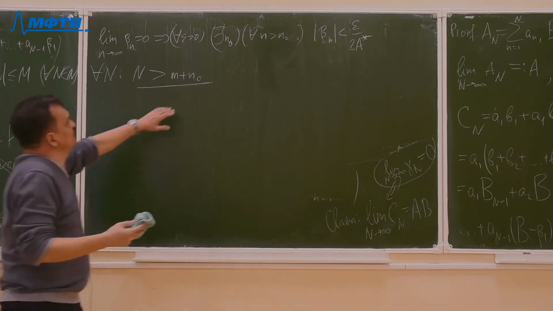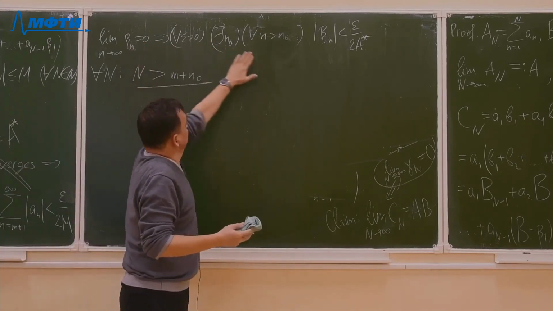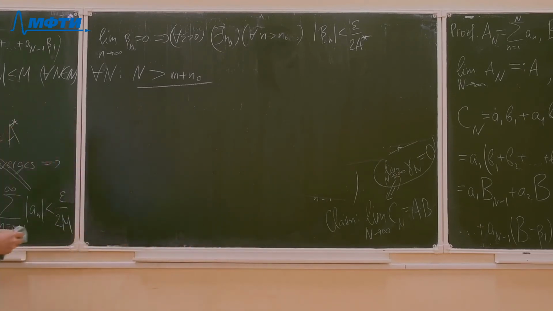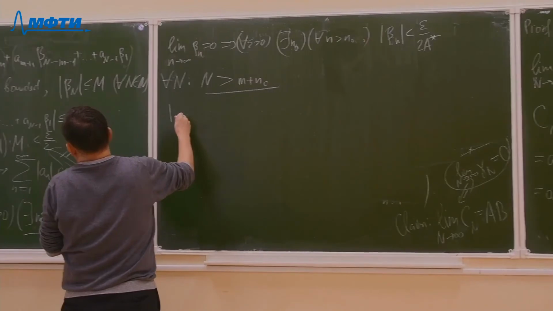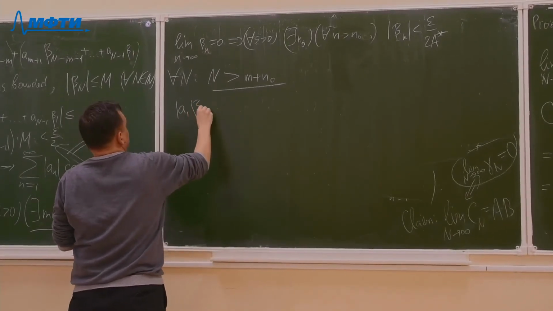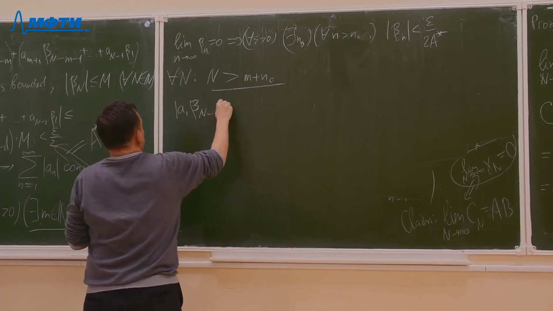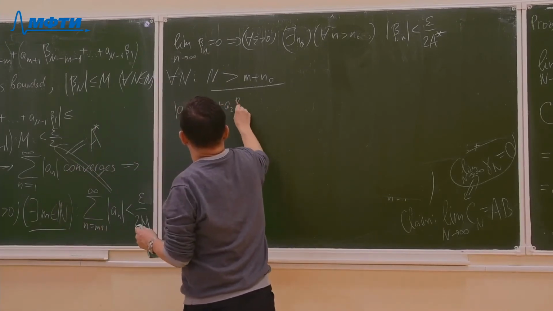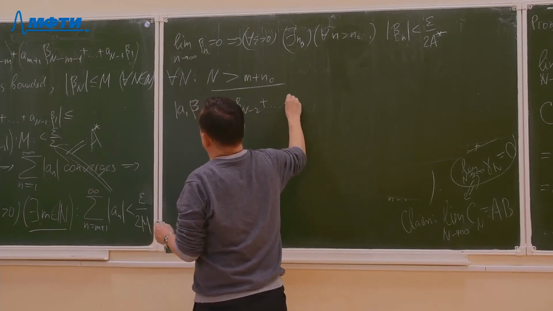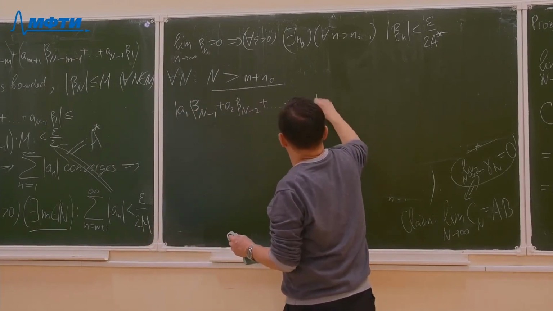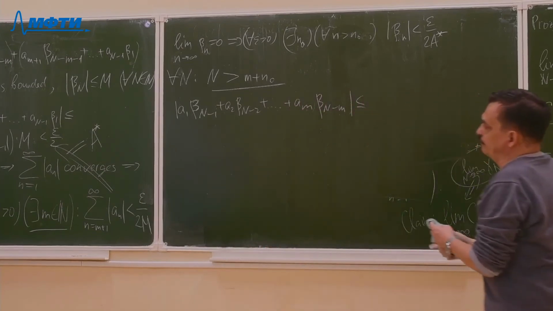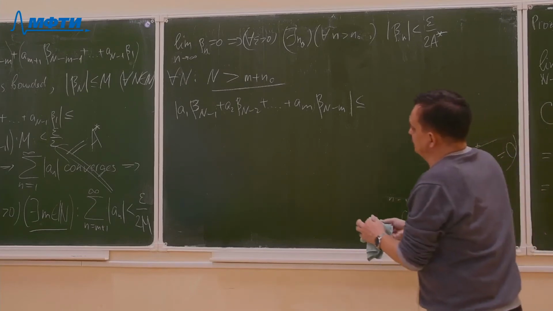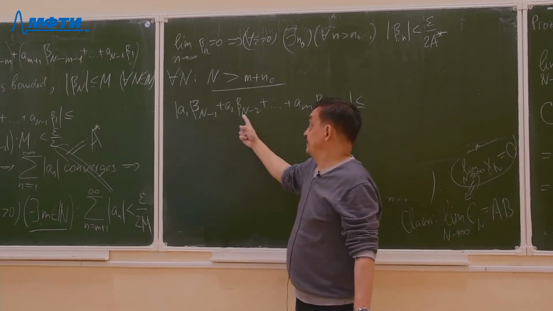So look, what happens for arbitrary capital N, like that? So I choose n naught from this limit, right? And if capital N greater than m plus n naught, then what happens? I can estimate like that. The modulus of a1 beta capital N minus 1 plus a2 beta N minus 2 plus so on plus am beta N minus m, less or equal. So replace. Look, what about the numbers here?